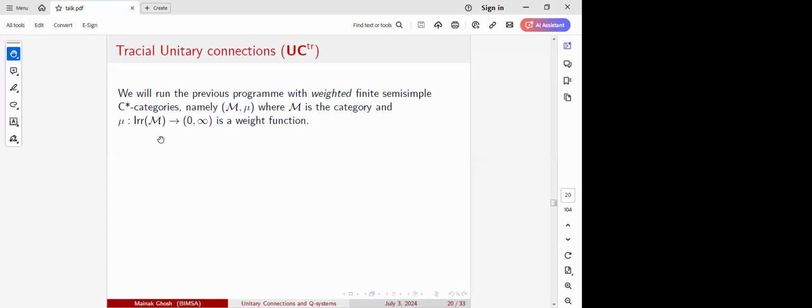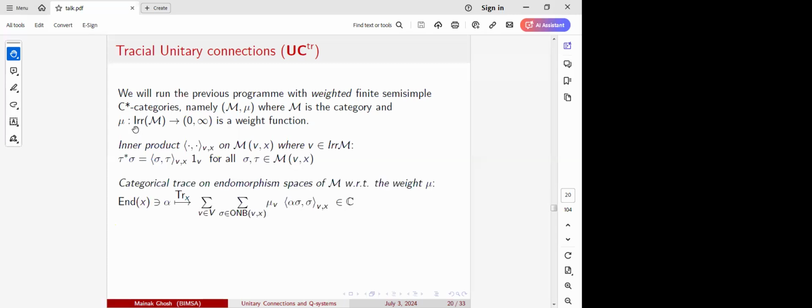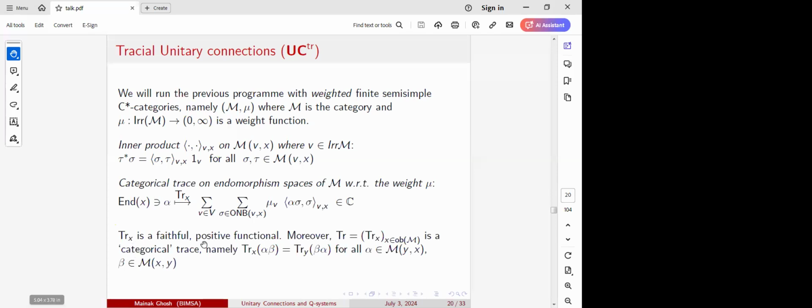Now, before I proceed further, observe that given any finite semi-simple category M, and for any irreducible V, and for any object X, the space of morphisms from V to X becomes a Hilbert space, where the inner product of sigma, tau is given by tau star composed with sigma. Now, using this inner product and using this weight function, one can obtain the following functionals on each morphism space, where the functional trace_X on End(X) is given by this equation, and it will turn out that each of these functionals trace_X becomes a faithful positive linear functional.